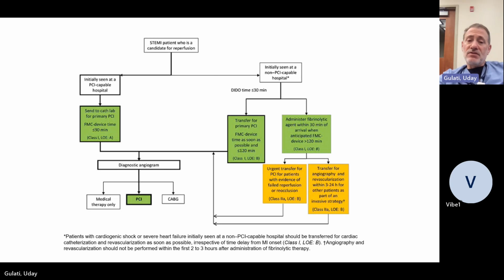On the other hand, if you give somebody thrombolytics and they don't reperfuse, or they do reperfuse and then they appear to reocclude, you want to get them more urgently out to a cath lab. Typically when you give someone thrombolytic therapy, you expect the STs to go down by at least 50%. You expect them to have some worsening of pain when they reperfuse, and you also look for a reperfusion arrhythmia.